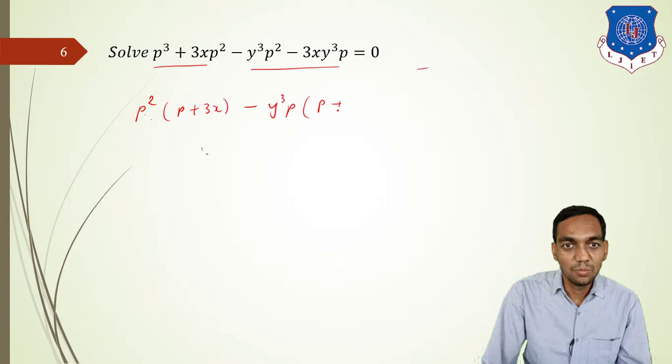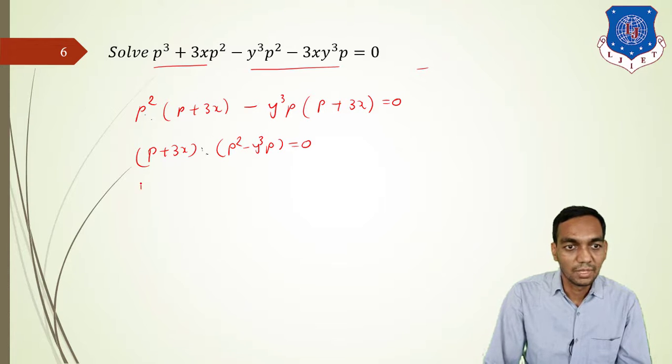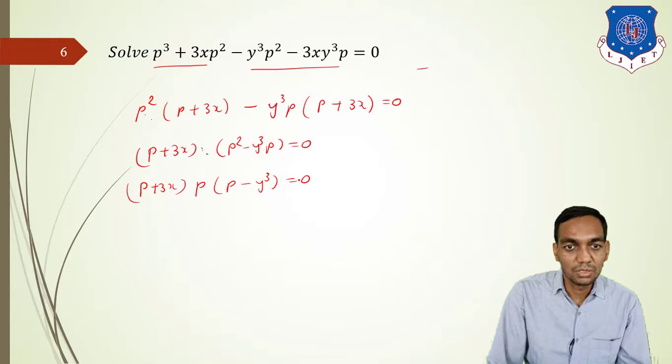So you will have p plus 3x into p square minus y cube p is equal to 0. So p plus 3x, here p common out and you will have p minus y cube is equal to 0.